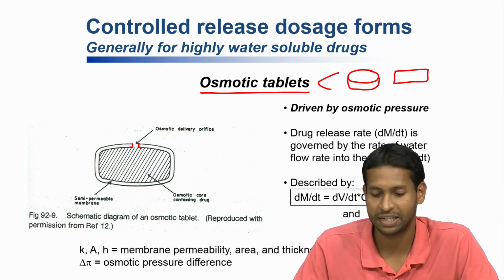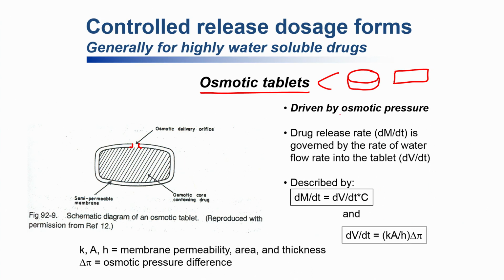And so, how does the release happen from here? This is driven by an osmotic pressure. So, the drug release rate, dm by dt, is going to be governed by how much water then goes into it. Here is a semi-permeable membrane which will allow the water to go in and out, but the drug inside cannot come out from here, it can only come out from these pores.